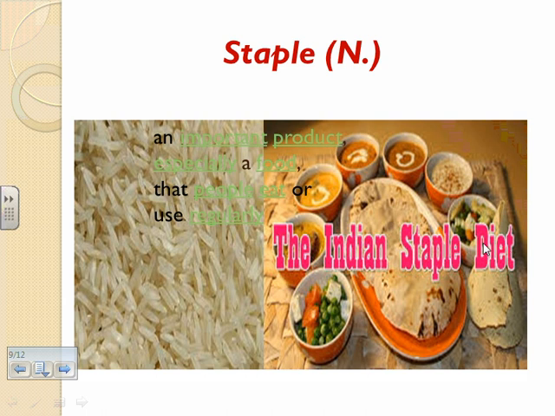A staple is an important product, food that people eat or use regularly. Rice is a staple for the Asian countries. This is the Indian staple food. This is what they eat, and most Asian countries eat this type of rice. It's their staple food.